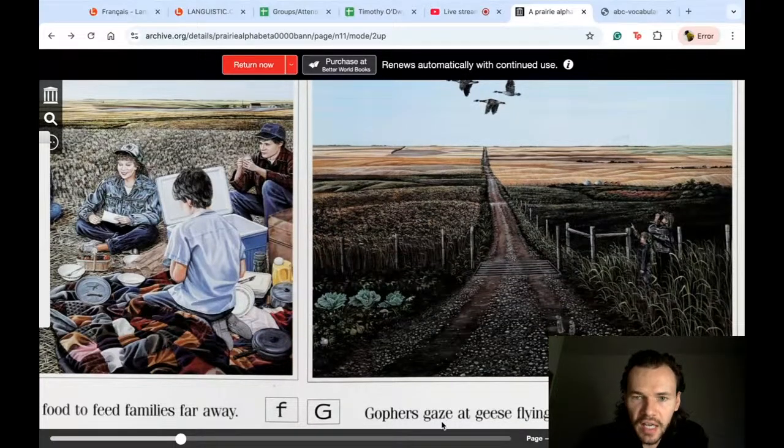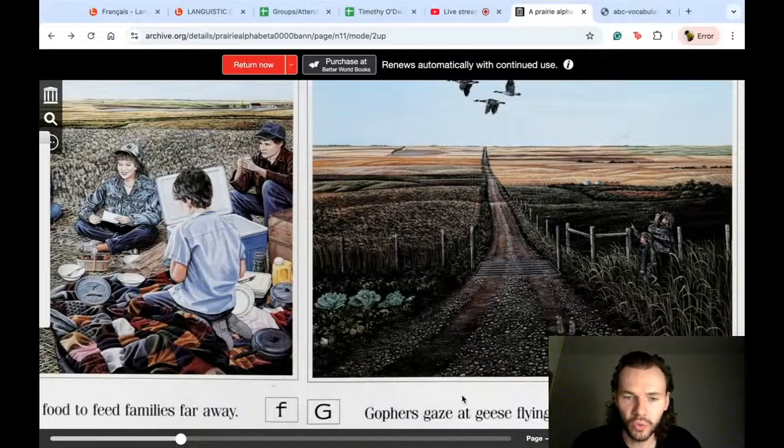Gophers gaze at geese flying over the grassland. Okay, so we have gophers gaze at geese flying over the grassland. So gophers, that's an animal.